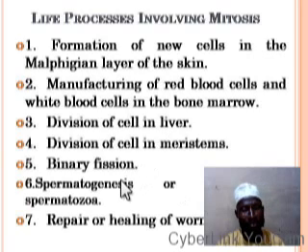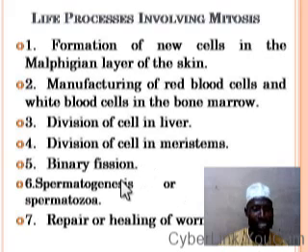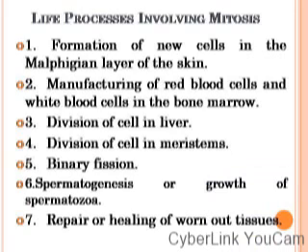Another life process involving mitosis is spermatogenesis, or the formation of spermatozoa. Spermatogenesis is the process of formation of sperm or spermatozoa in the testes. Another process involving mitosis is the repair or healing of worn out tissue.